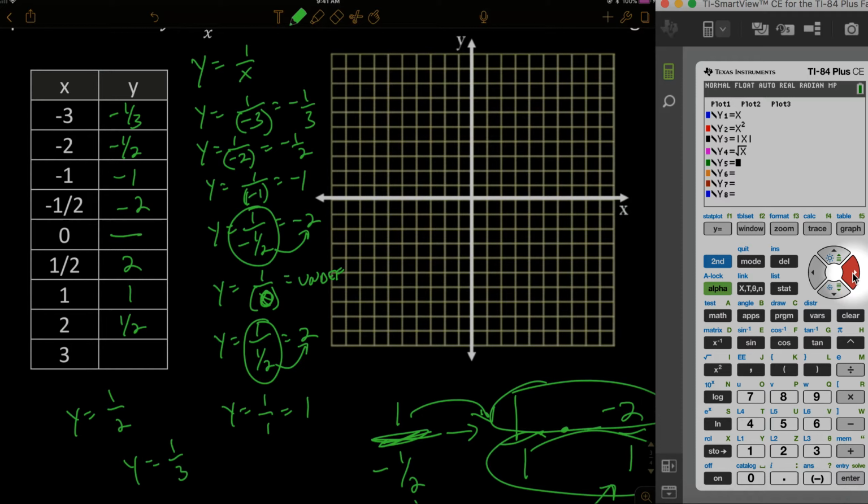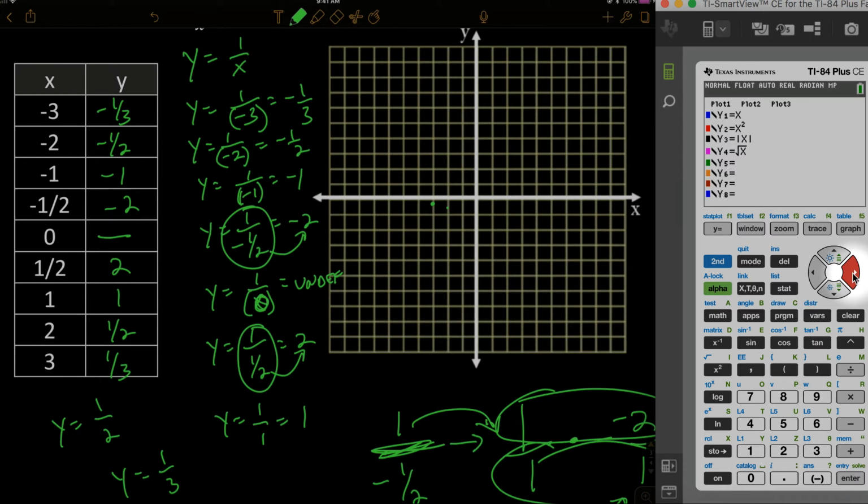So let's sketch a graph of this function. We've got -3, and it's -1/3. So that's kind of really small. So I've got -3, -1/3. -2 is -1/2. -1 is -1, and then -1/2 is -2.